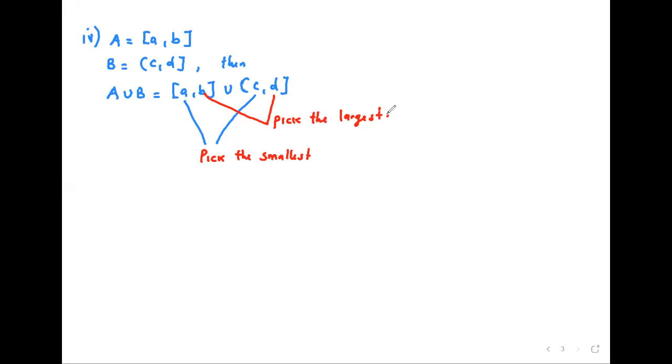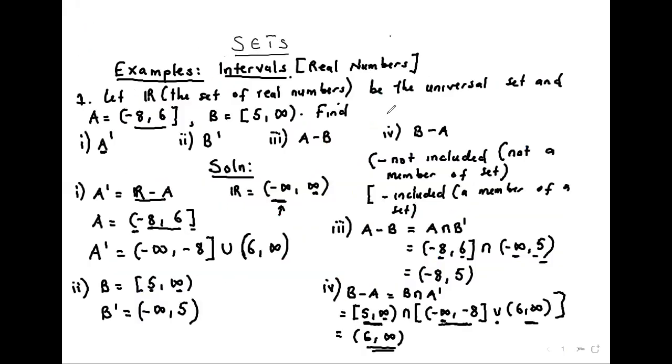That is for all the sets, if you don't want to use the number line. So we just do it the way we're doing it in this question here. For intersection, we picked the biggest between 5 and 6, and the smallest between infinite and infinite. We picked the biggest between these two and the smallest between these two.